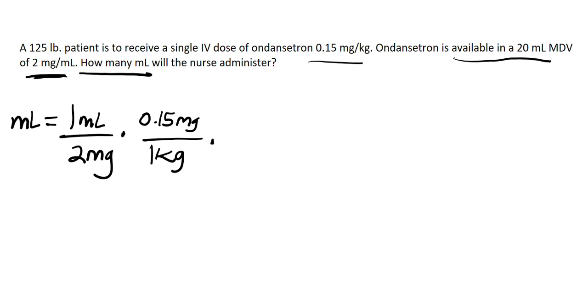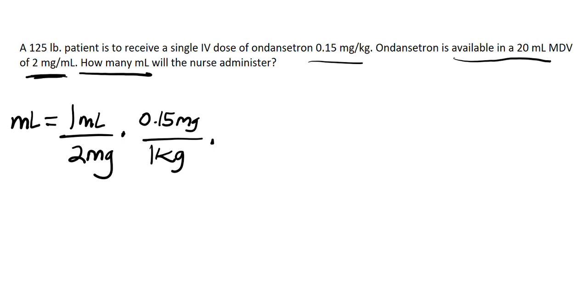And remember, this is another one that has a weight in here. So you can do however you want to do. You can plug your weight right in, or you can figure out what that 125 pounds is in kilograms, or you can just work it all out however you want.